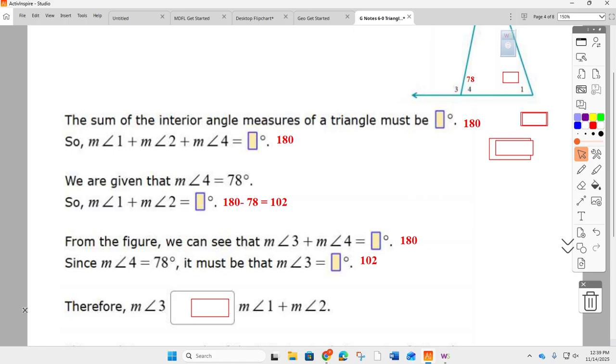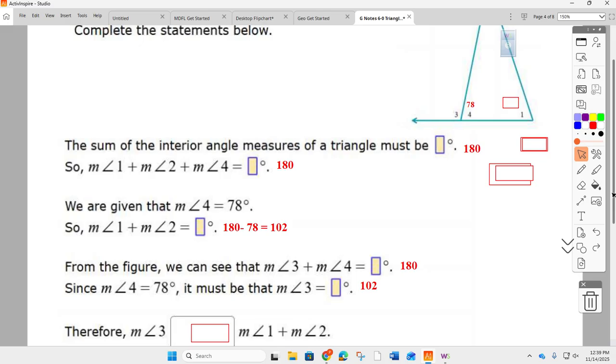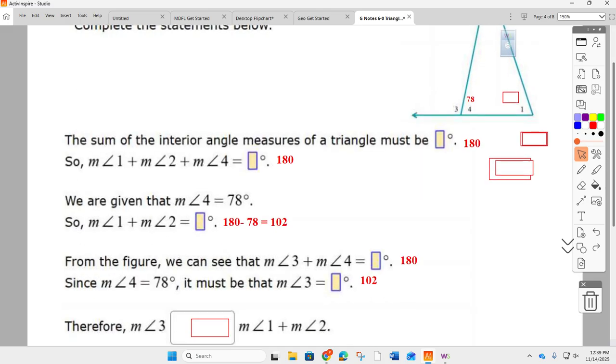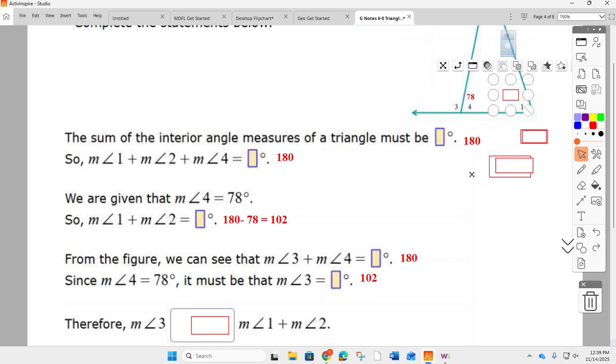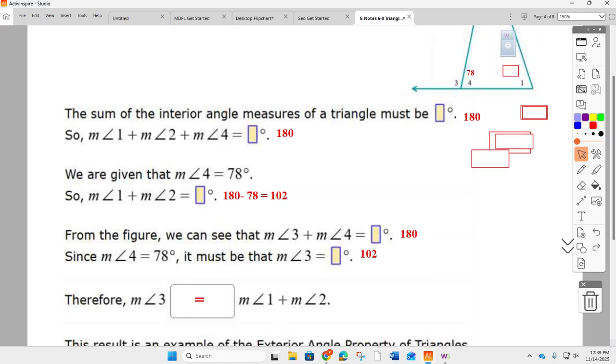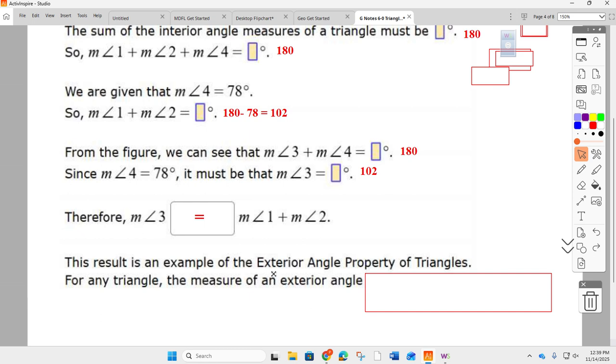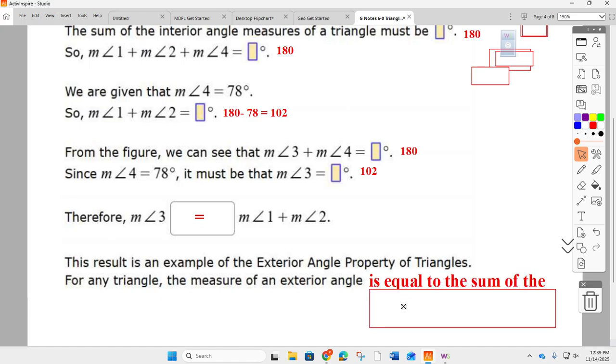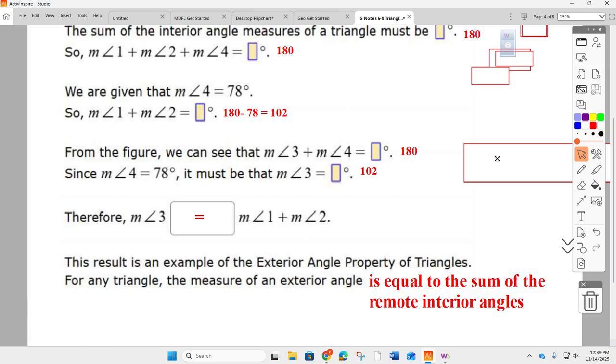So now we know that the measure of angle 3 is equal to the measure of angle 2, and we know that because of the exterior angle property of triangles, which says for any triangle, the measure of its exterior angle is equal to the sum of the remote interior angles. And that's literally one of your problems.